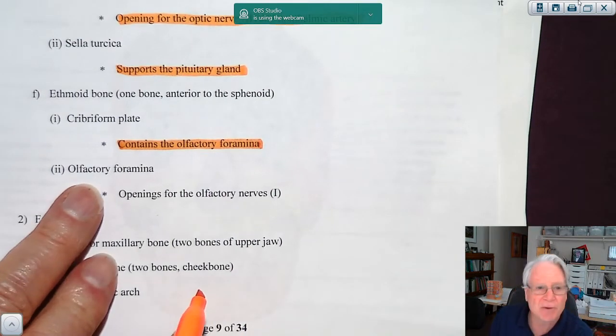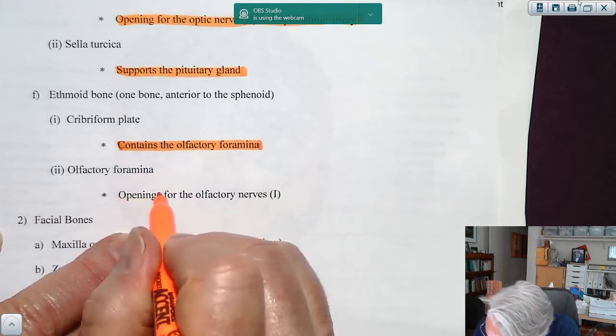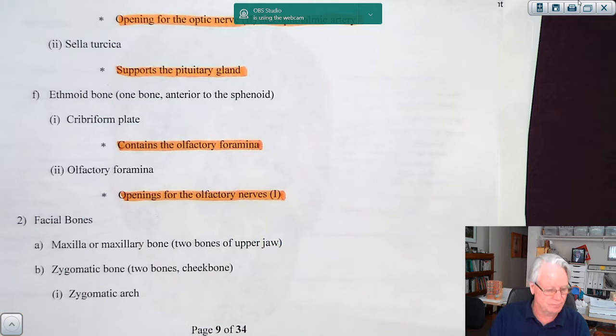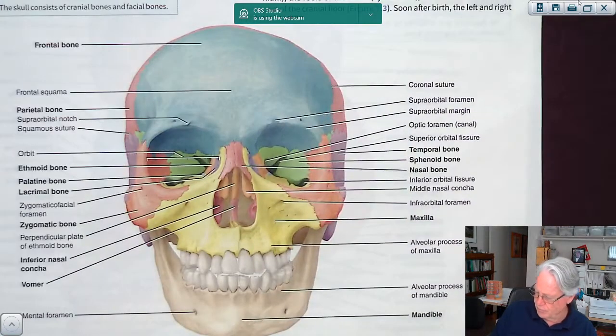And the olfactory foramina contain the openings for olfactory nerves, or cranial nerve number 1. Okay. So let's go ahead and take a look at those structures in this bone.